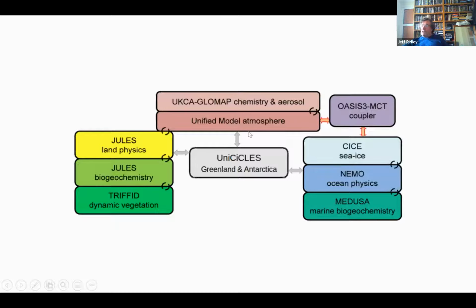And then, of course, the mass balance of the ice sheet is determined by precipitation and melt from the atmosphere.